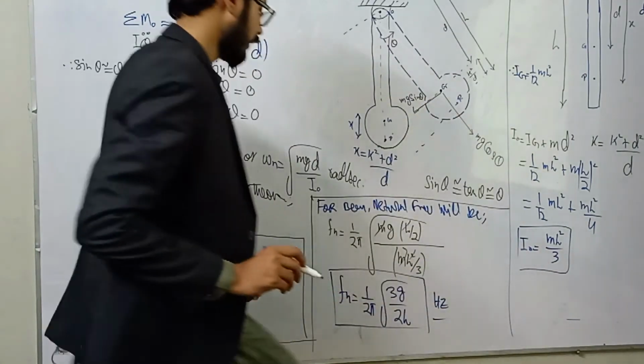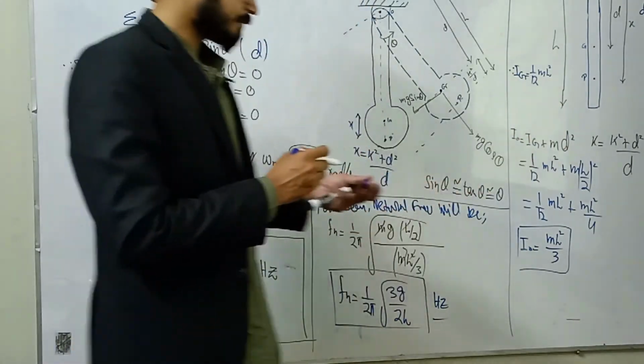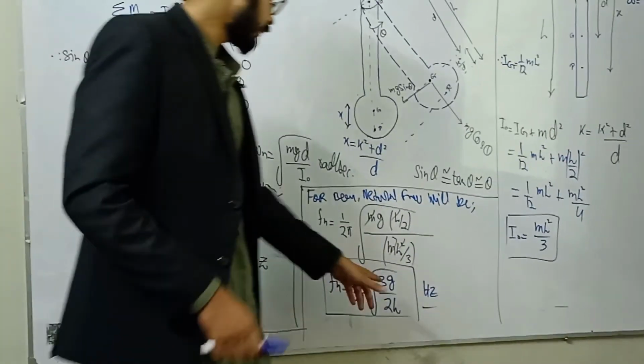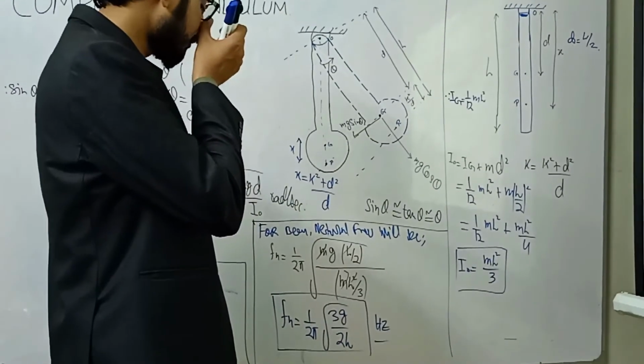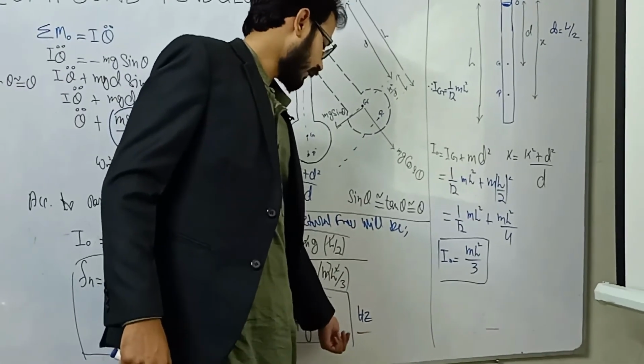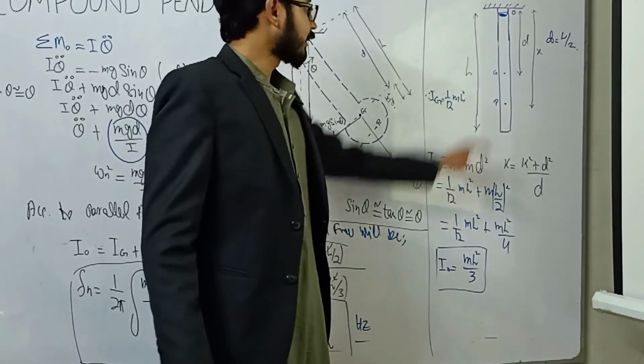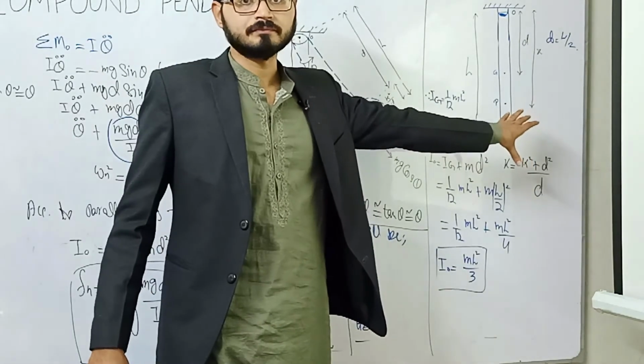Units will be hertz. This is the natural frequency for this beam suspended from point O. Again, we know that natural frequency only depends upon g and L. g is already defined as 9.8, and L will be the total length of this beam.